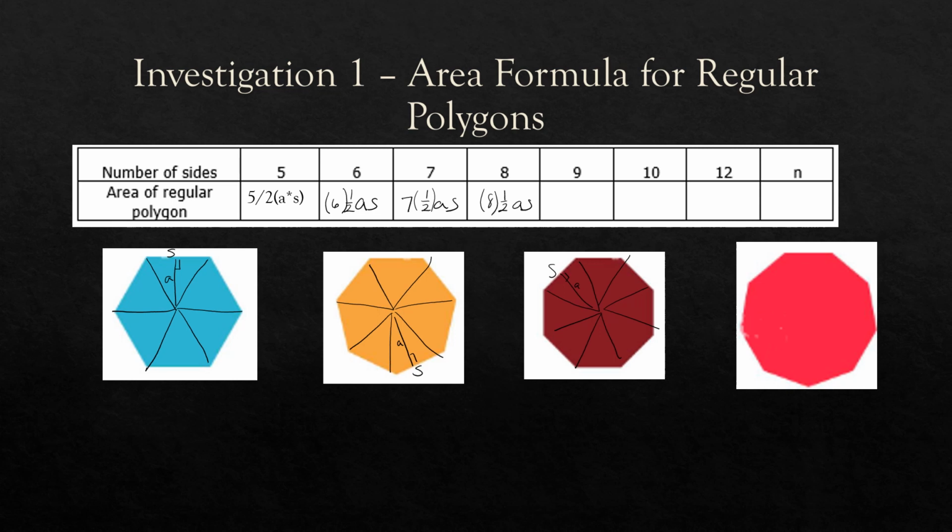A nonagon, 9 triangles with each triangle being 1/2 A times S. How about a decagon? Same thing. So what happens when we have n number of sides? It'll be n times 1/2 A times S.